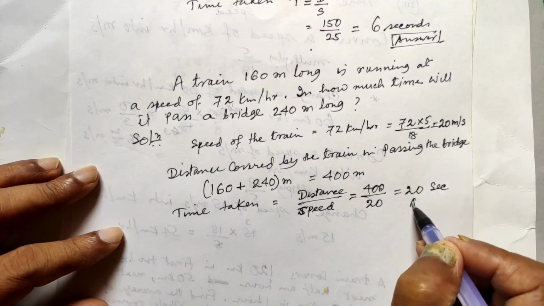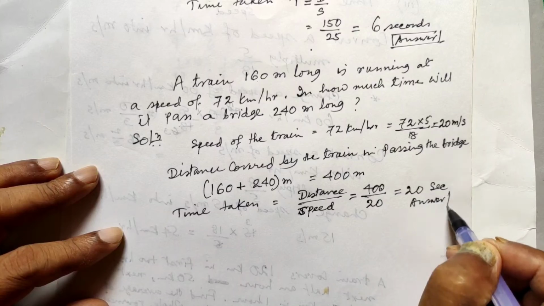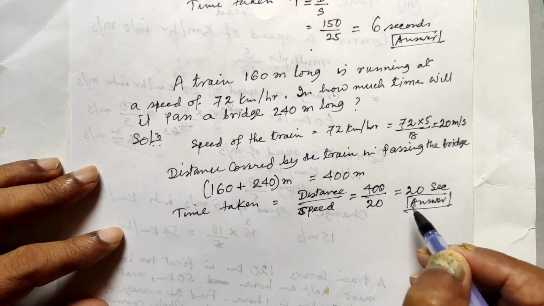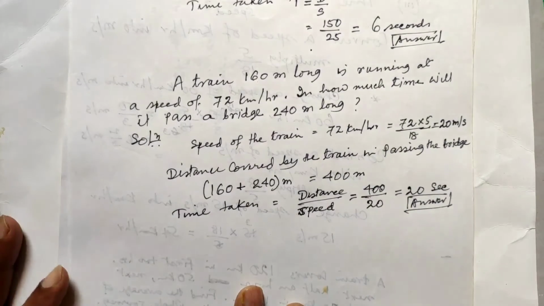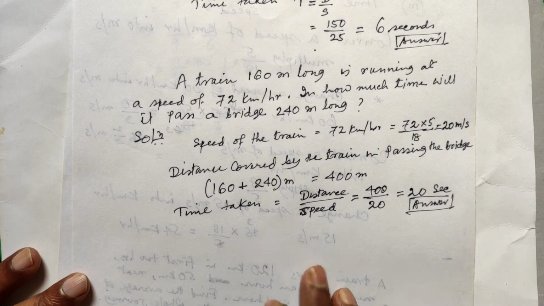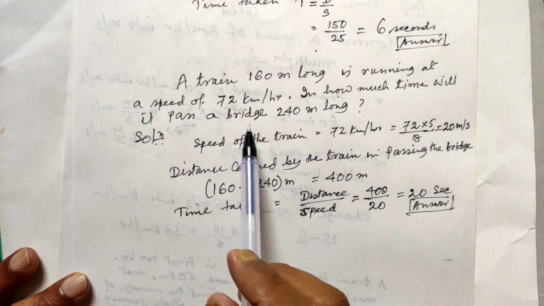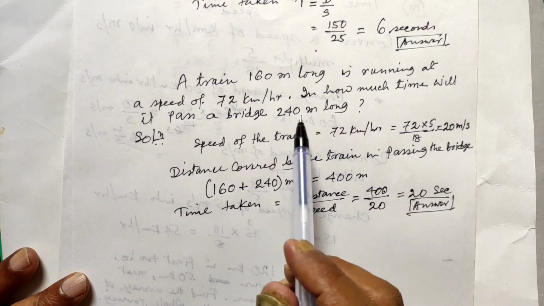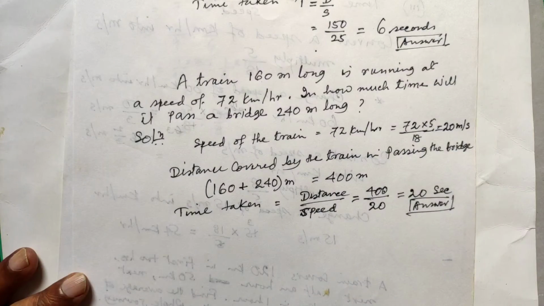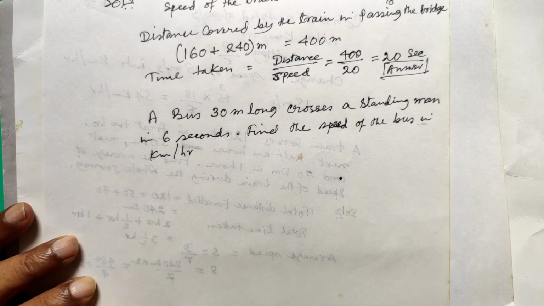This is your answer. Remember it. Very interesting sum. Over here what we have seen, that the train has to go its own length and also the bridge length. Remember it.